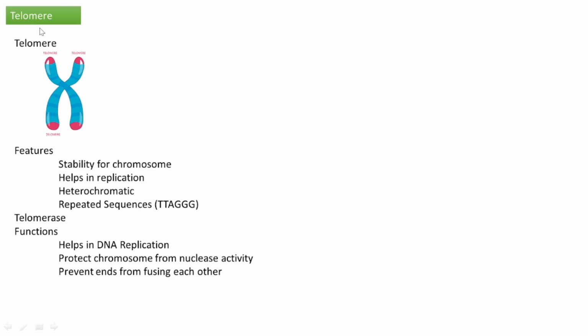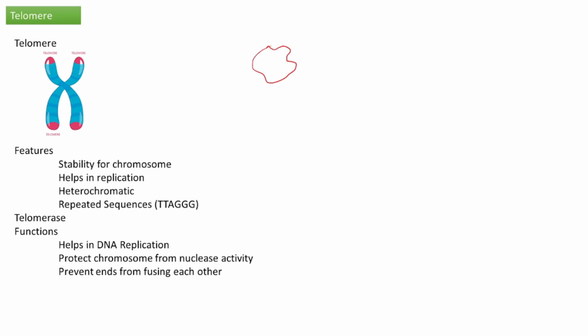Then we are going to understand about telomere. What is telomere? Telomere is the DNA sequence seen at the ends of the eukaryotic chromosome. Why are we specific as eukaryotic? Because in the case of prokaryotes, in most cases the chromosome exists in a circular pattern, so we can't demarcate its end.